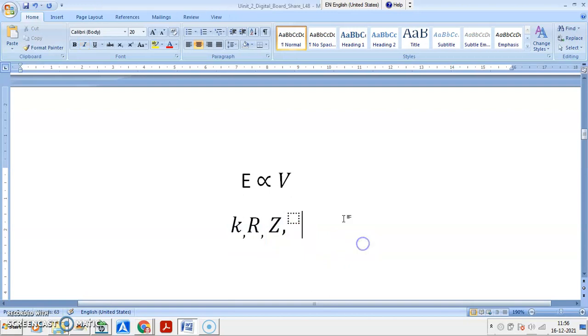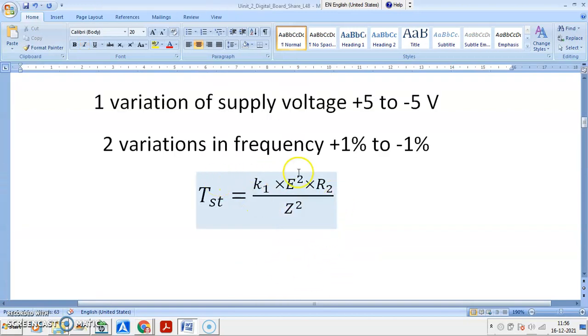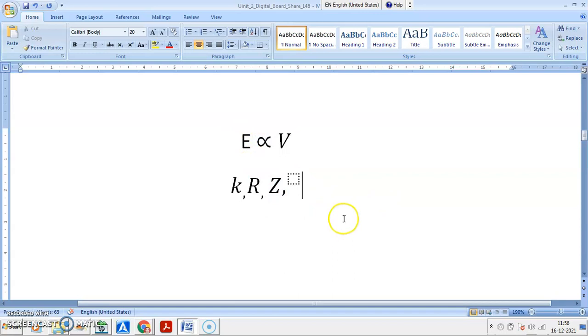These are constants. If torque is proportional to E, then torque is proportional to only V, right?